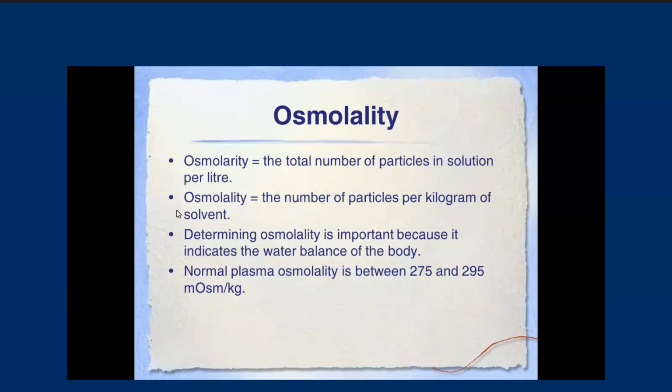So in clinical practice, we usually use osmolality rather than osmolarity. Osmolality is the number of particles per kilogram of the solvent, which is not altered by differences in temperature. Determining osmolality is important because it indicates the water balance of the body.